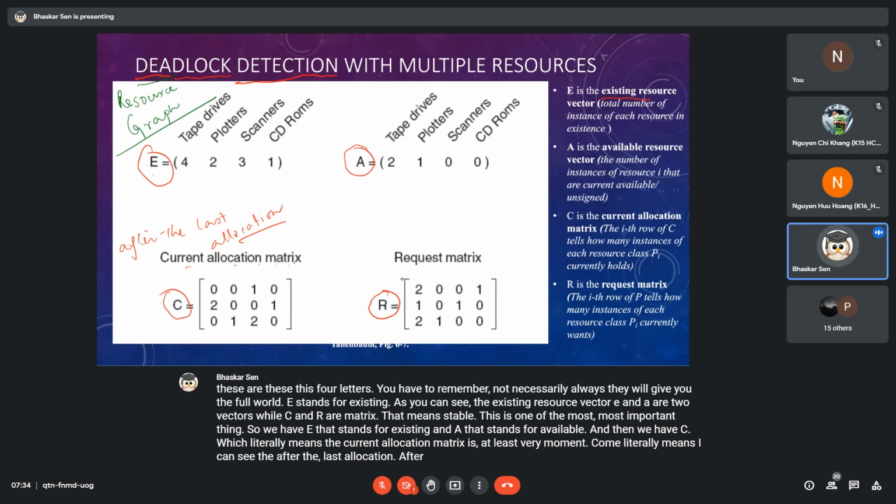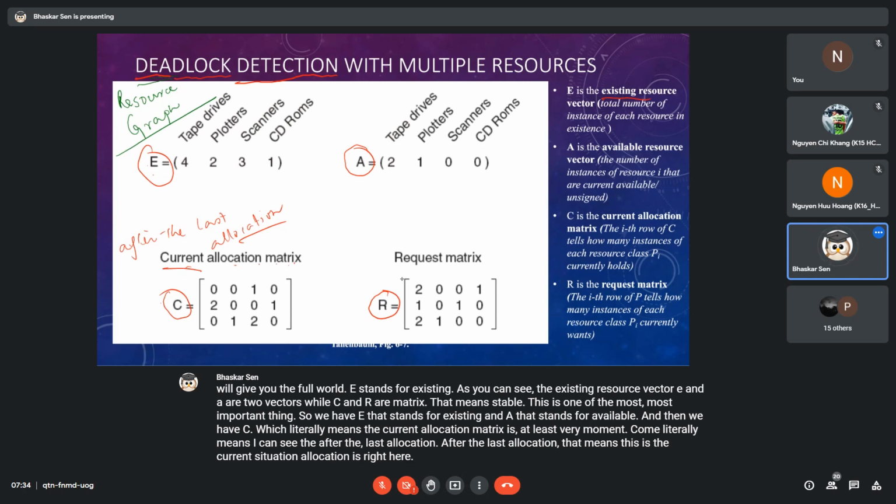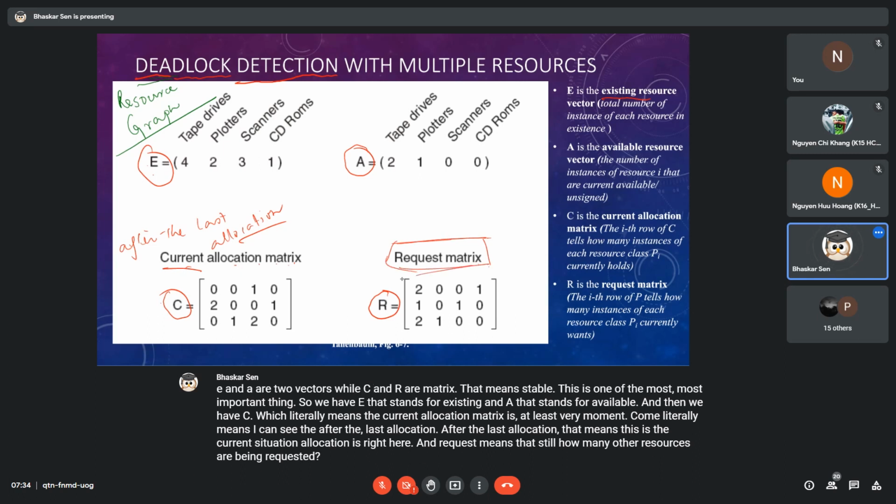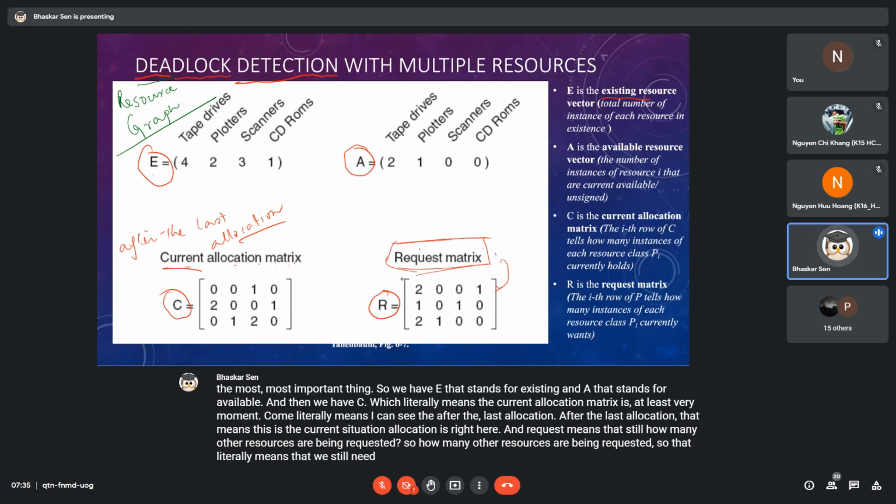After the last allocation, this is the current situation; allocation is right here. And request means how many other resources are still being requested. So that literally means that we still need some more resources to work with.